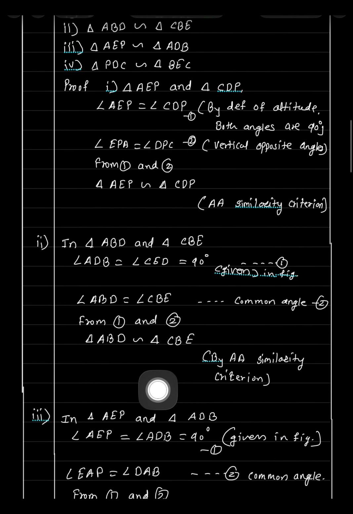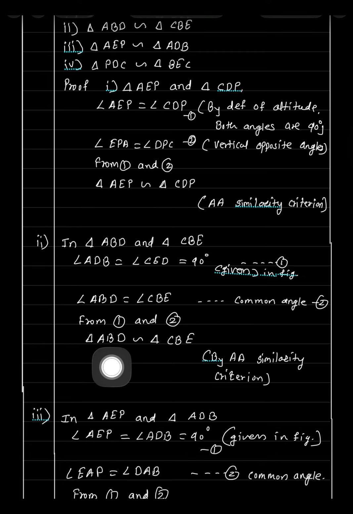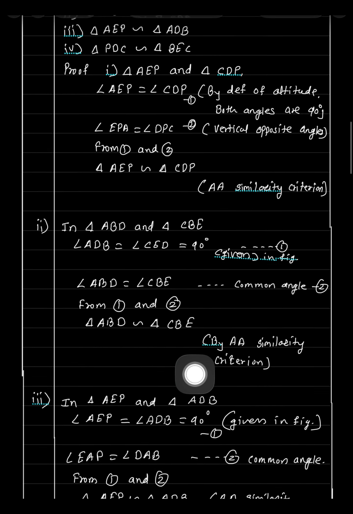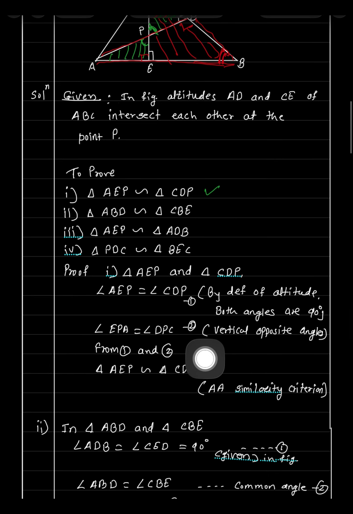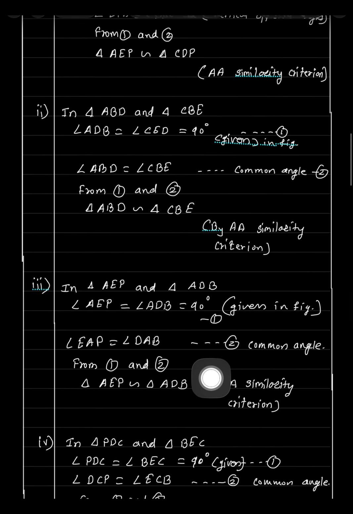So again we can say triangle ABD is similar to triangle CBE by AA similarity criteria. Very simple: if two angles are equal, it becomes a similar triangle.